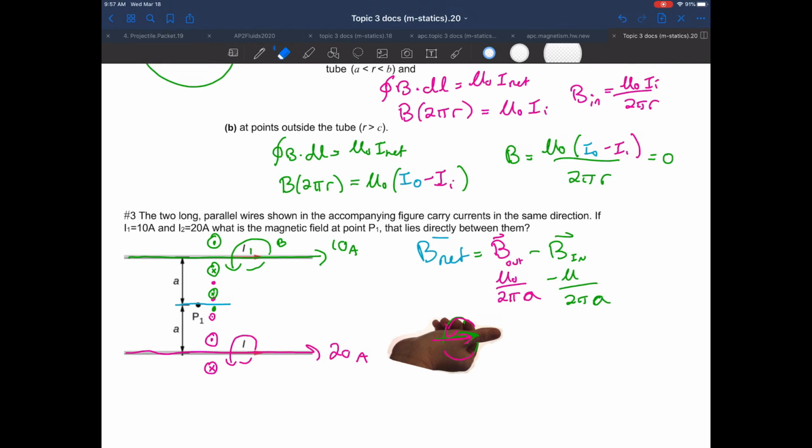So here we're going to have 20, and here we're going to have 10. This will simplify down to mu naught over 2 pi A times 20 minus 10, which is 10, and the pink one is larger, so we'll have an outward directed B net.